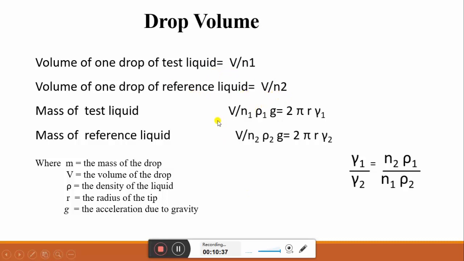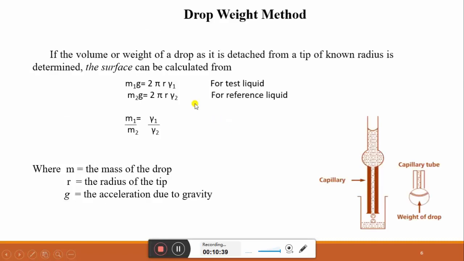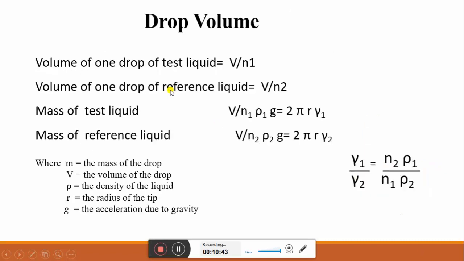If we consider the equation m1 into g is equal to 2 pi r gamma 1, mass is equal to volume into density, since density is mass by volume. So we write the mass in the form of volume into density, that is V divided by N1 into rho 1.